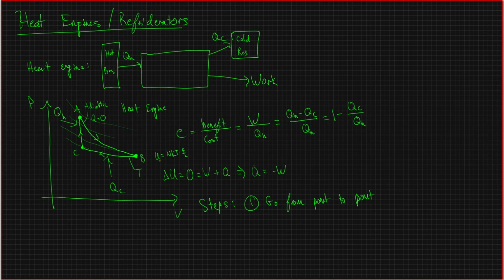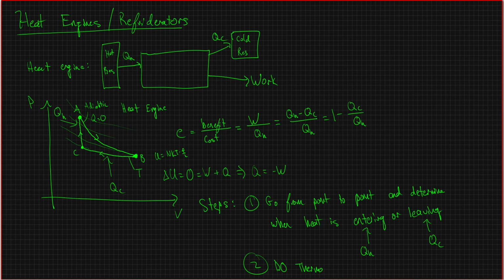Start at A, go to B, and determine when heat is entering or leaving. If heat is entering, then that corresponds to QH. If heat is leaving, then that corresponds to QC, right? And then step 2 is just do thermo. So it's effectively a two-step process where the second part involves multiple steps.